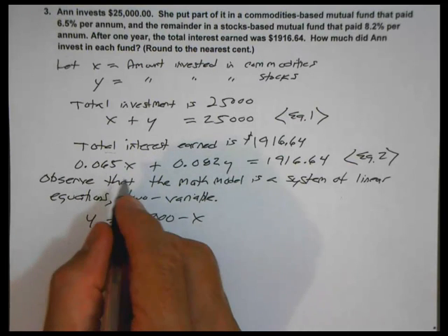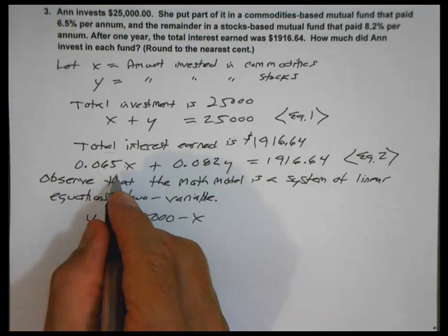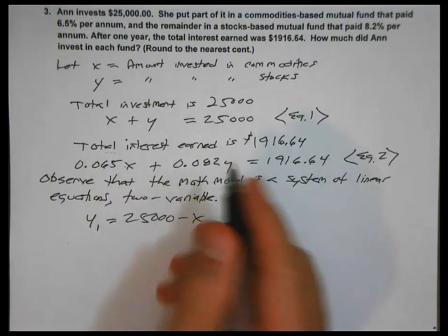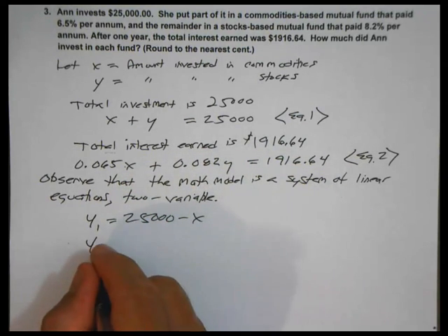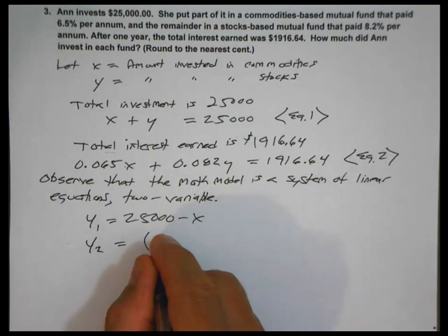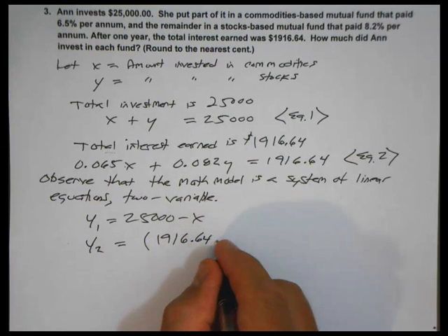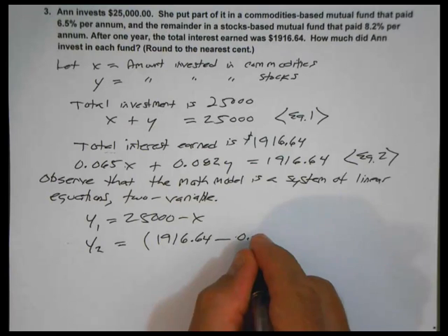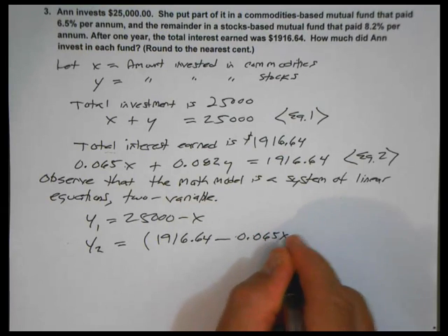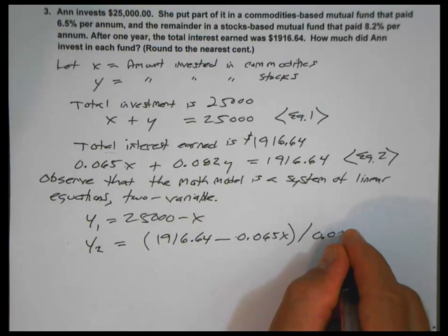Let's just simply subtract the 0.065x from both sides, and then divide both sides by 0.082. We'd have y2 equaling, in parentheses, 1916.64 minus 0.065x, divided by 0.082.